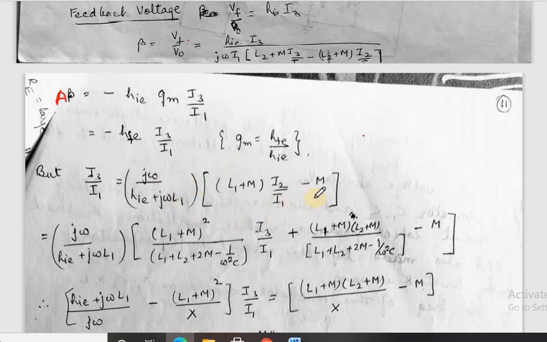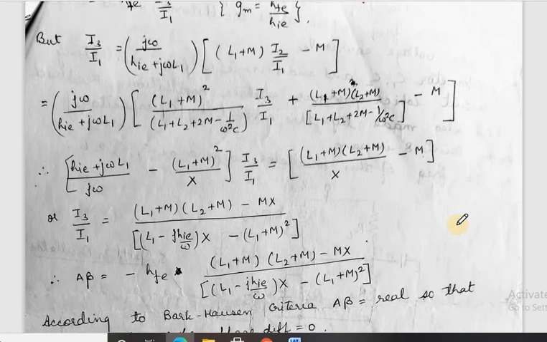So I3 by I1 is somewhat this value. We'll first of all simplify it. On simplification, we have to put the value of I2 by I1 from the other equation that we had calculated. We put the value of I2 by I1 so that we get somewhat this large value. On further simplification, we finally obtain I3 by I1 is equal to L1 plus M, L2 plus M minus Mx, whole upon this value.